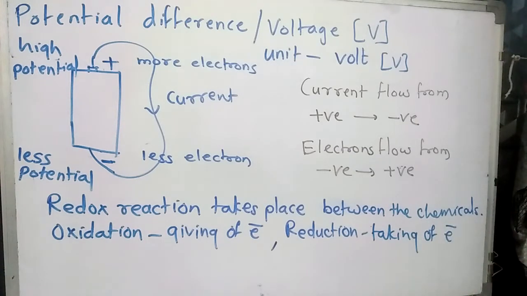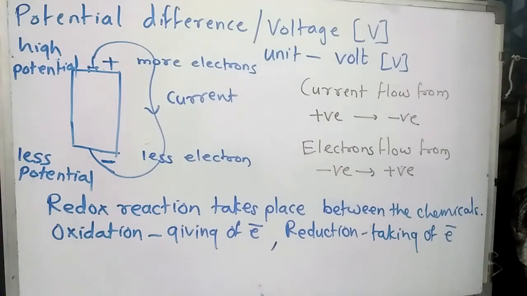You have studied in chemistry that in redox reaction, oxidation and reduction take place. Oxidation means giving of electrons, reduction means taking of electrons. So suppose there are two chemicals filled in this cell. One chemical is giving electrons and one chemical is receiving electrons.